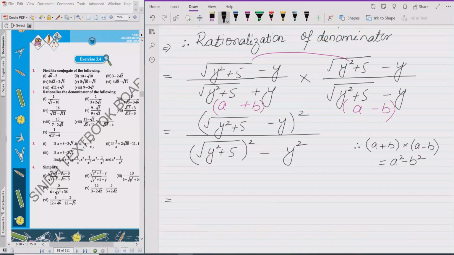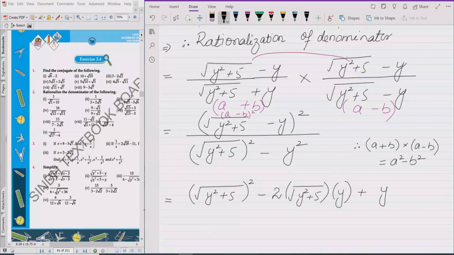And here we will apply the formula a minus b whole square, right? So what we get: y squared plus 5 whole square minus 2 multiplied by y root y squared plus 5, and plus y squared, right?